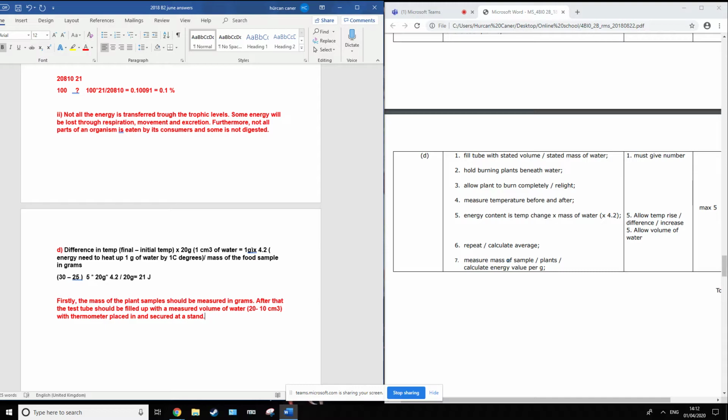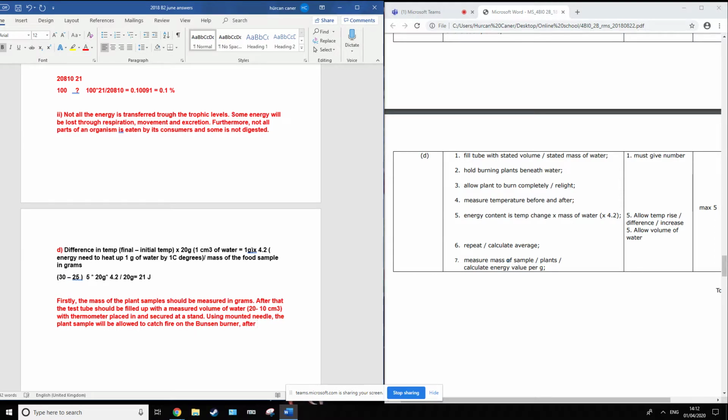Okay, that's it. The apparatus is ready. Using the mounted needle, the plant sample will be allowed to catch fire on the Bunsen burner.